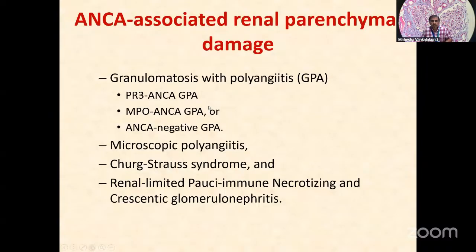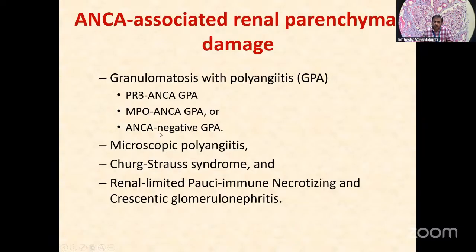And the group of lesions that are encountered because of this ANCA is the granulomatosis with polyangiitis, earlier referred to as Wegener's granulomatosis. Nowadays, the term is omitted. And these could be a PR3 positive ANCA or an MPO positive ANCA. And in some instances, up to 10 to 15% of cases, the ANCA serology might be negative.